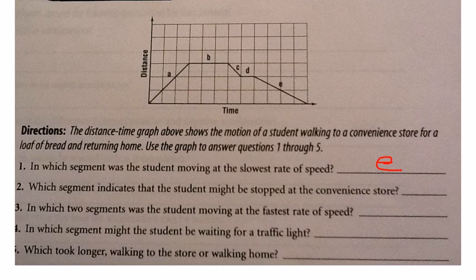Now let's look at question number 2. In which segment indicates that the student might be stopped at the convenience store? So we could say that it is B. When we find a horizontal line in a distance-time graph, we know that the object stopped for a while.